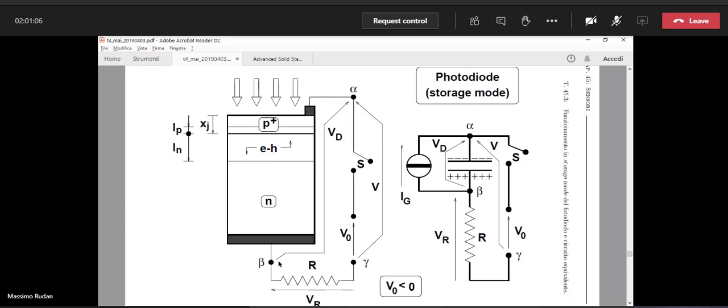Why? Because assume that we are using a matrix made of photodiodes to form the pixels of a sensor that controls a video of a TV set, okay? You know that the signal in a TV set is not shown continuously, okay? It is shown frame by frame.